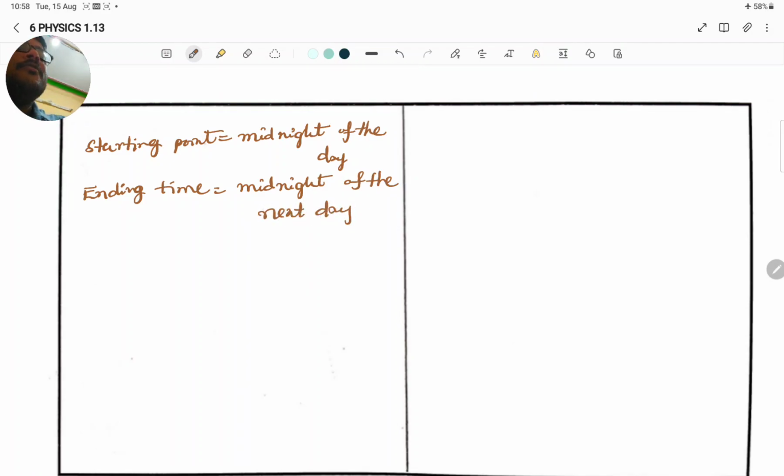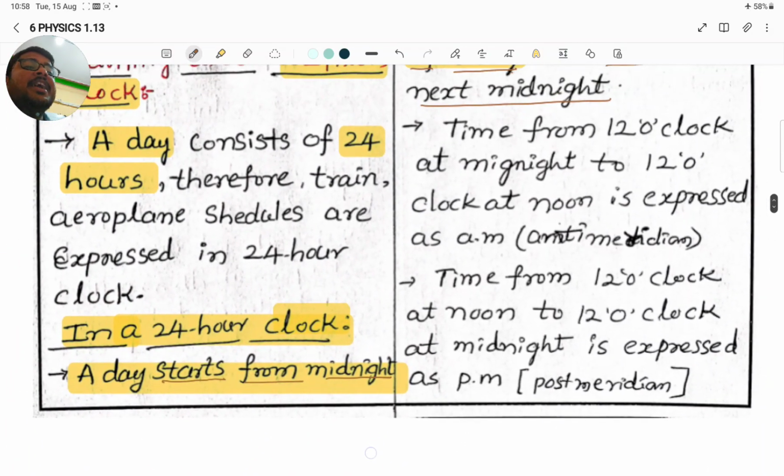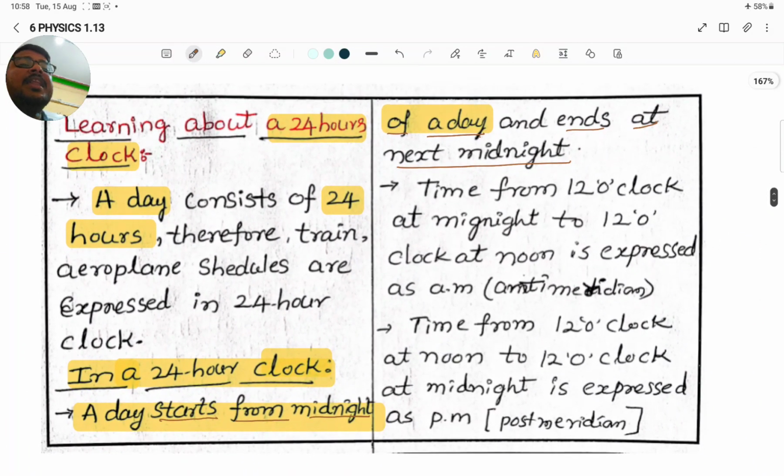Starting time and ending time are both the same, midnight, but with a day difference. From today midnight to next day midnight, 24 hours are completed, means the 24-hour clock. The starting point is the midnight of today and the ending time is midnight of the next day.